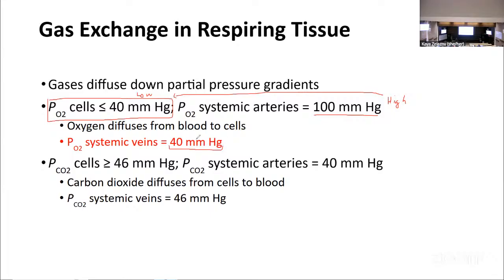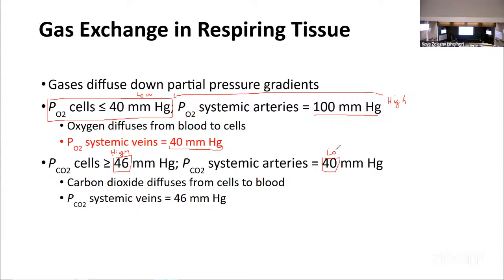Okay. Carbon dioxide, we're just kind of flipping arrows here. The carbon dioxide of tissue that's active is at a partial pressure of about 46. So this is pretty high relative to the blood that we're sending to that tissue. In our arteries going to the tissue, we're at 40.